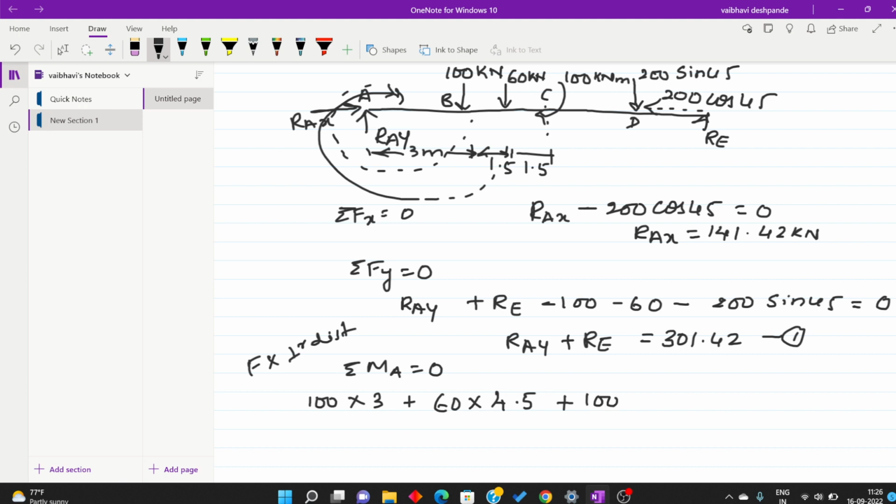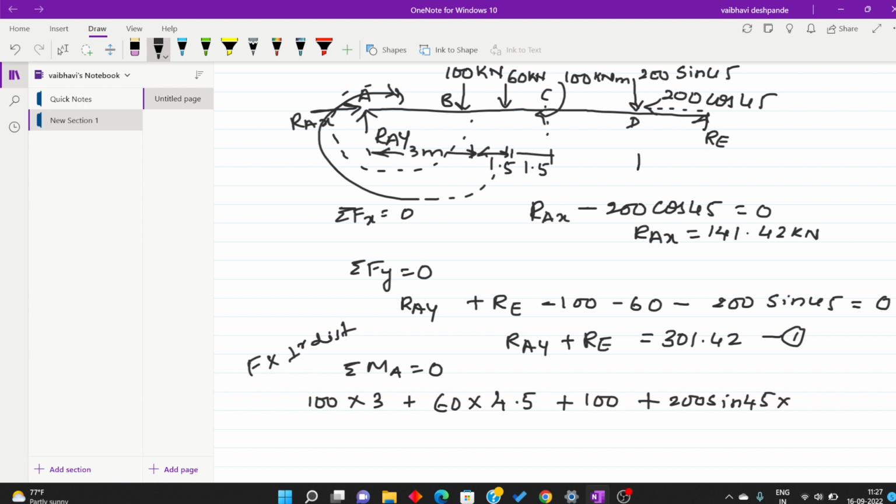Then next we have to add the moment. There is a 100 kilonewton meter moment. So don't multiply anything to the moment, it is already a moment, it is not a force. It is a clockwise moment, so directly 100 kilonewton meter. Then plus 200 sine 45 into the distance.